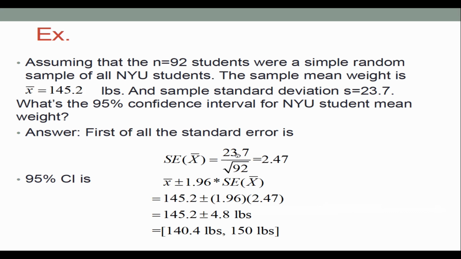You just use 23.7 divided by square root of 92, and you get the standard error for X bar. Then you plug the numbers into the formula. You get the confidence interval this way. So finally, you get the interval estimate. Any questions? Here, this is the 95% confidence interval for the population mean.